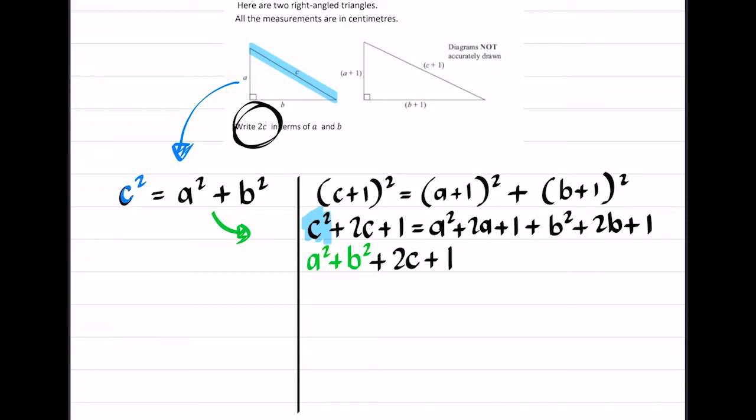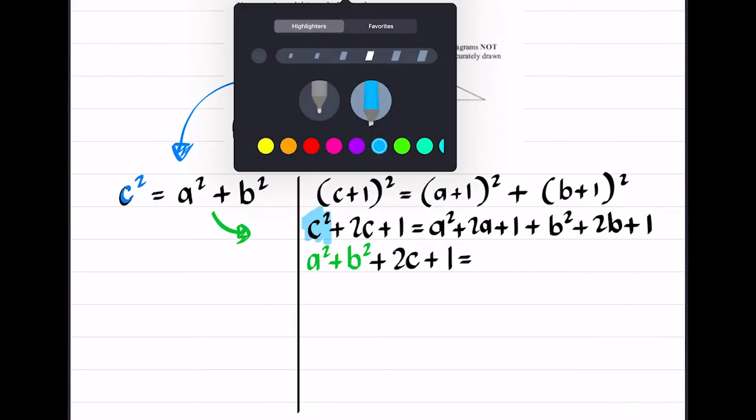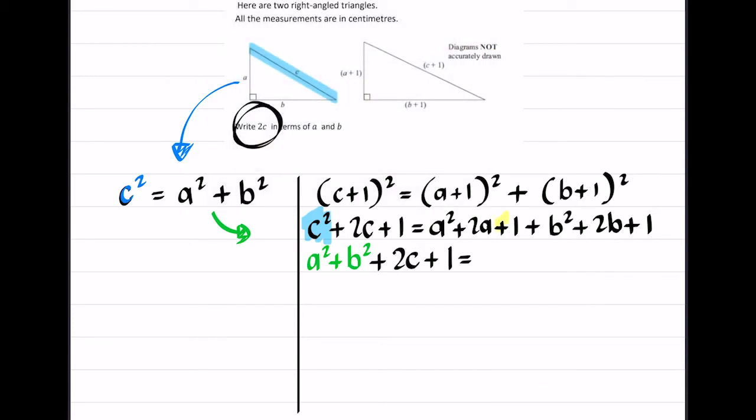Plus 1 is equal to, then I'm going to just on this side, simply because I'm running out of space, add this 1 and this 1 together to give me 2. So I'm going to have a squared plus 2a plus b squared plus 2b plus 1, which is 2.